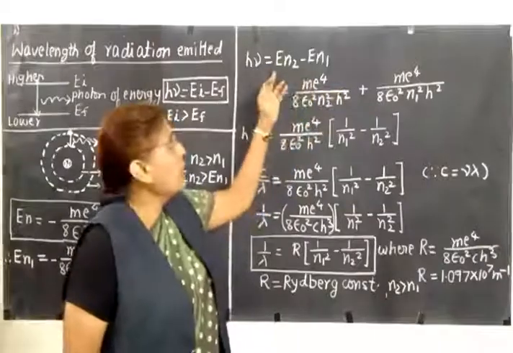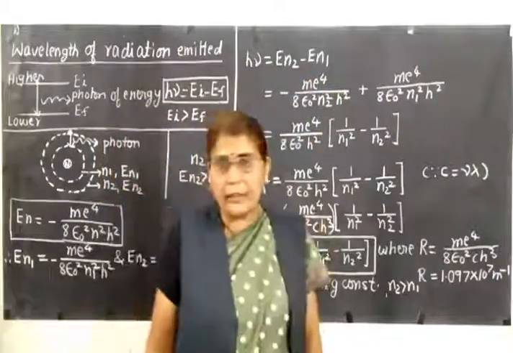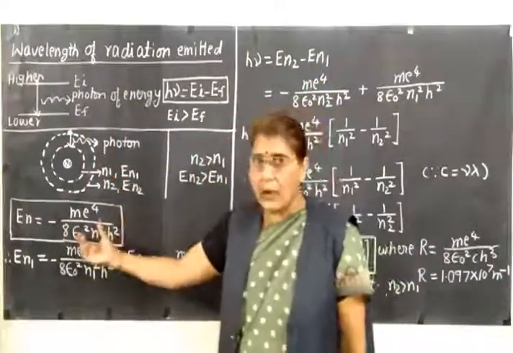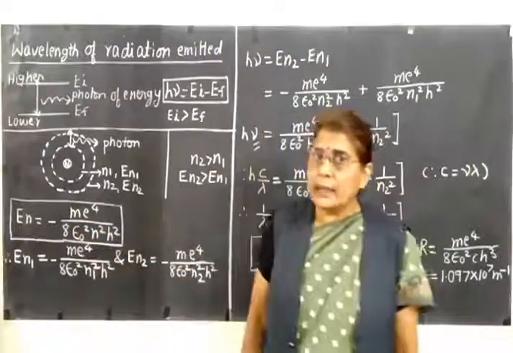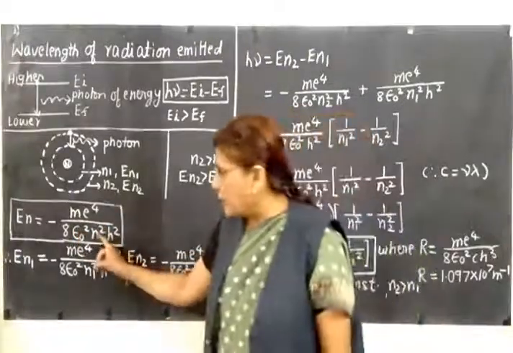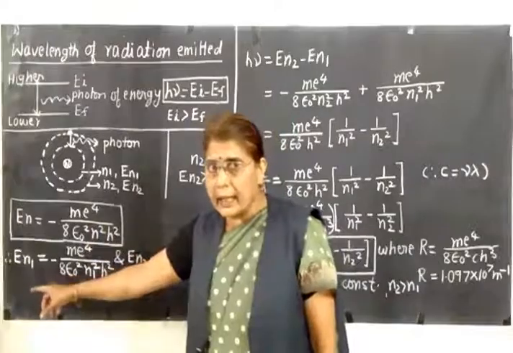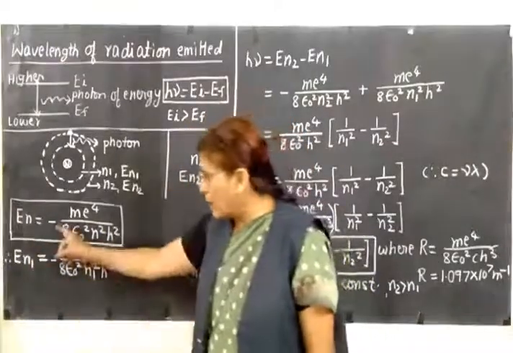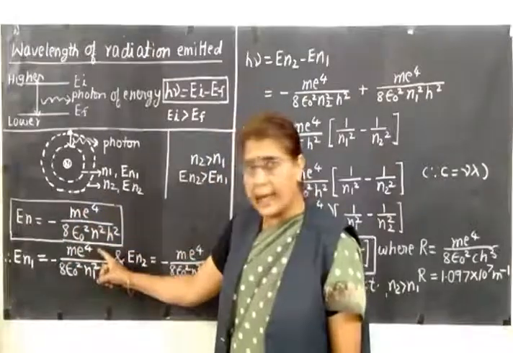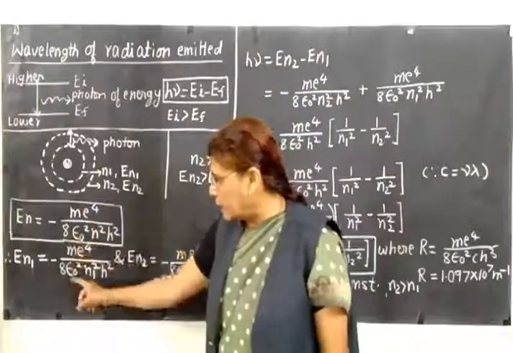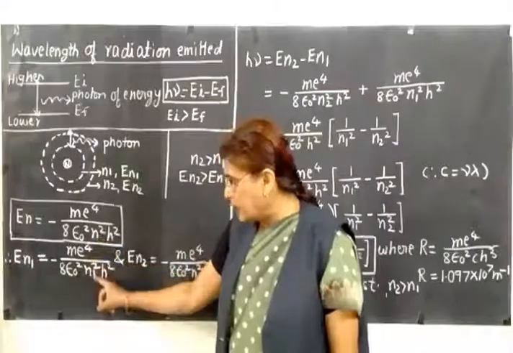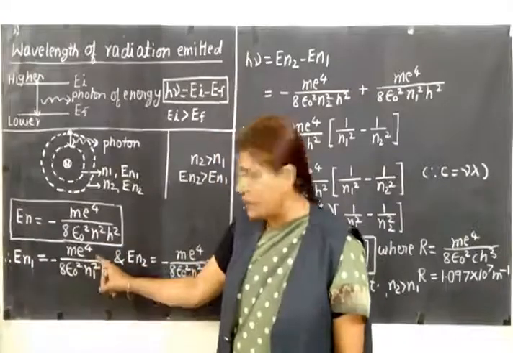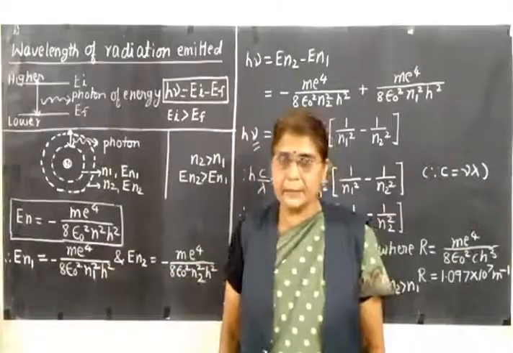Now to find the values of En2 and En1, we shall make use of this expression of En. In this expression, put n equals n1. You will get En1. So En1 will be equal to minus m e raised to 4 as it is, 8 epsilon 0 square as it is. n is replaced by n1, so it will be n1 square into h square.